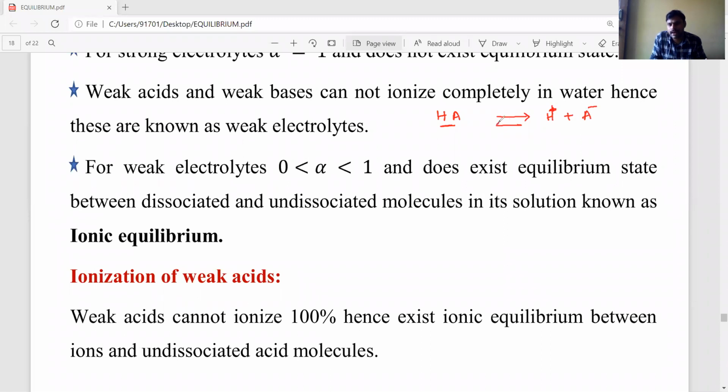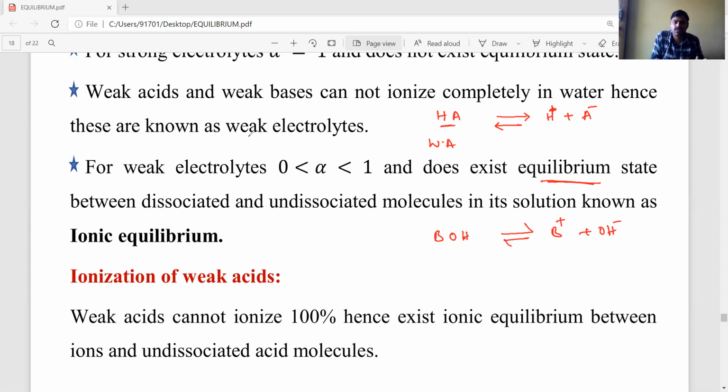The remaining exist in undissociated form. So the dissociated form and undissociated form exist in an equilibrium state. Similarly, BOH is a weak base, which has some dissociated and undissociated molecules, with an equilibrium state in between.